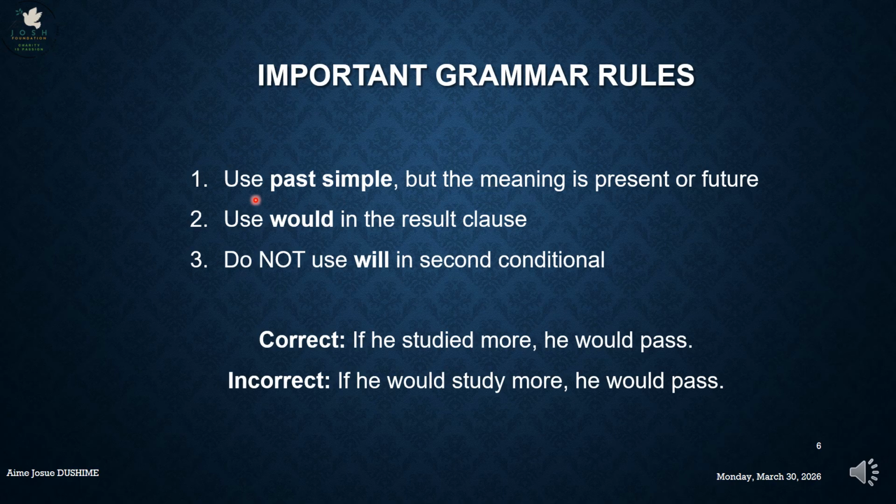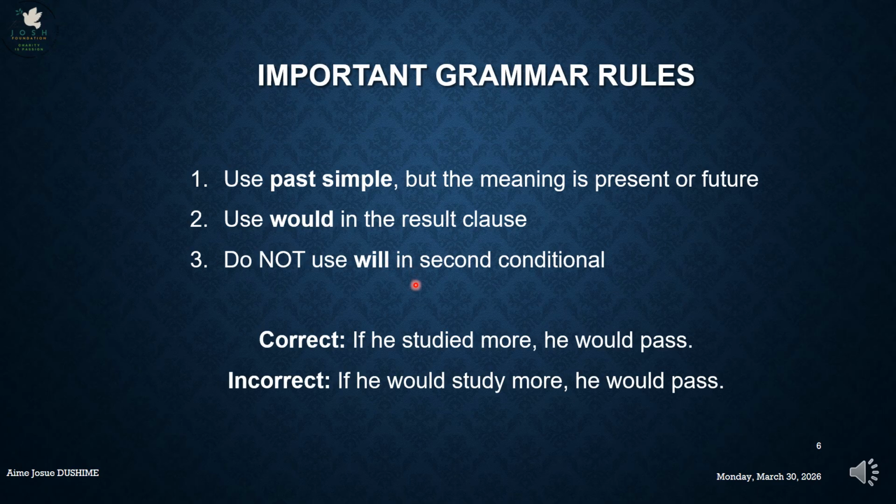So we use past simple, but the meaning is present or future. We use would in the result clause. In the first conditional we use will in the result clause, but in the second we use would. Do not use will in the second conditional. Only use will in the first and would in the second.